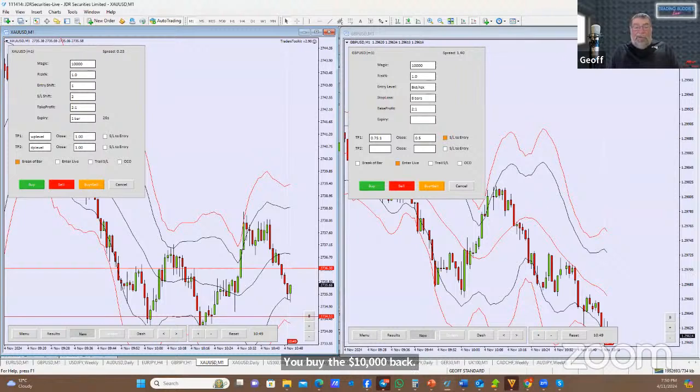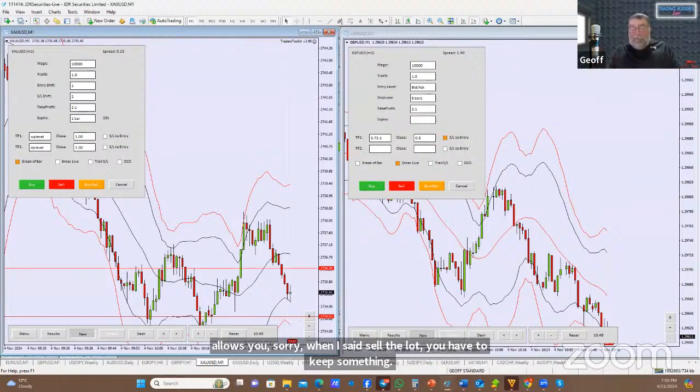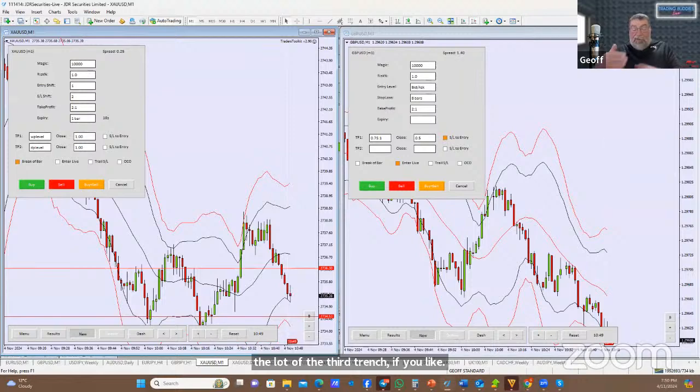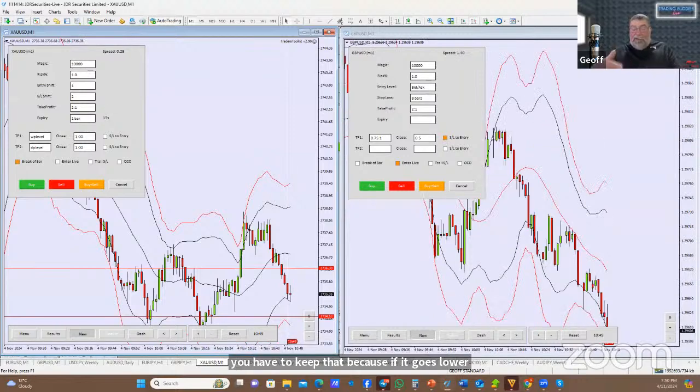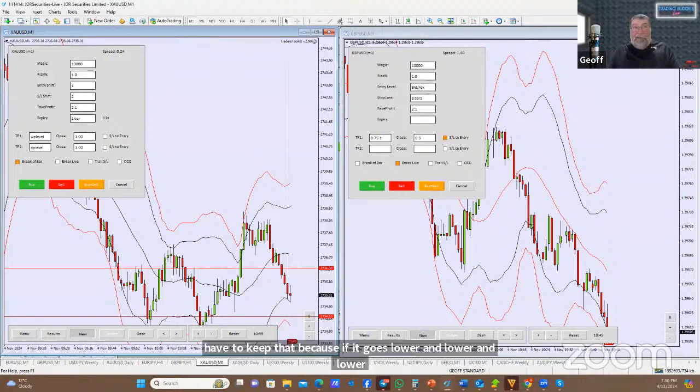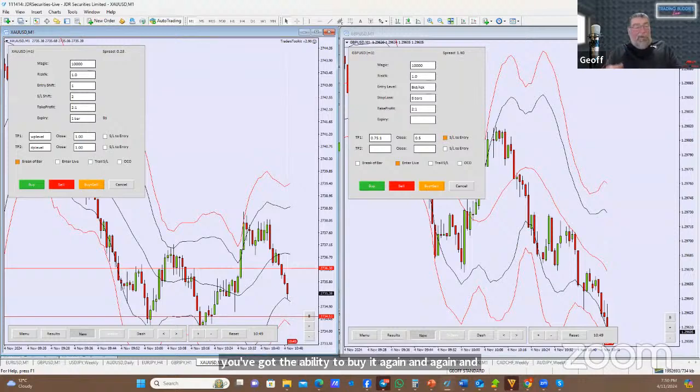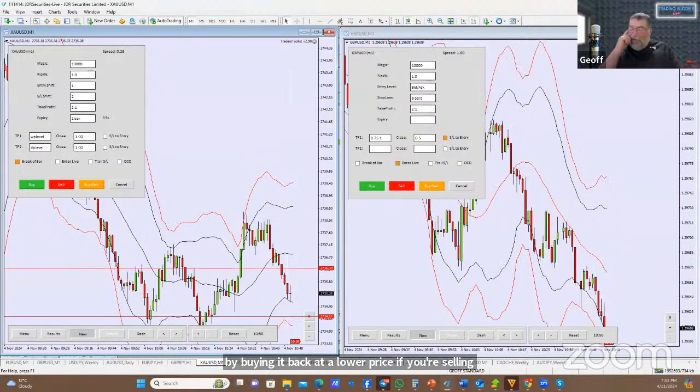Sorry, when I said sell the lot, you have to keep some, the third tranche, if you like. You have to keep that, because if it goes lower and lower and lower, you've got the ability to buy it again and again and again. But what you're actually doing is gaining by buying it back at a lower price.